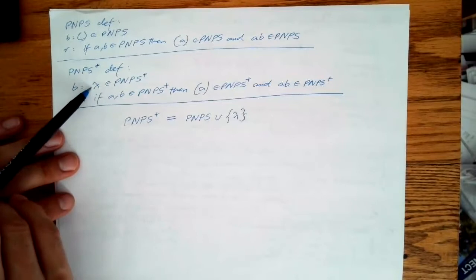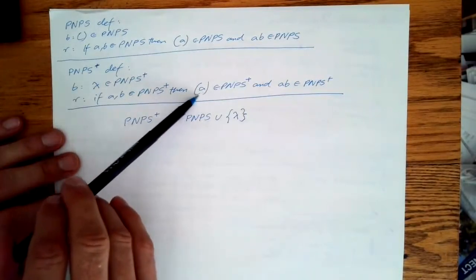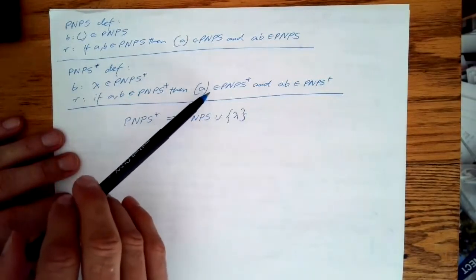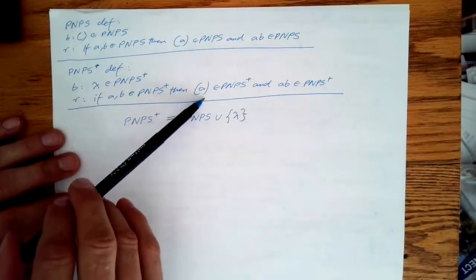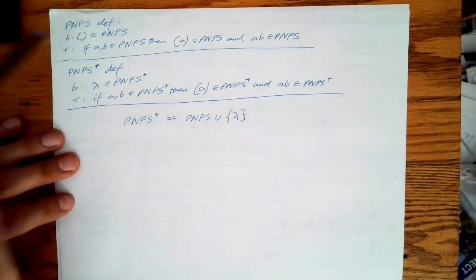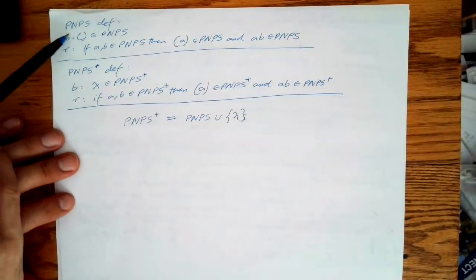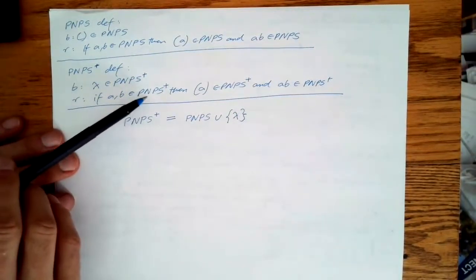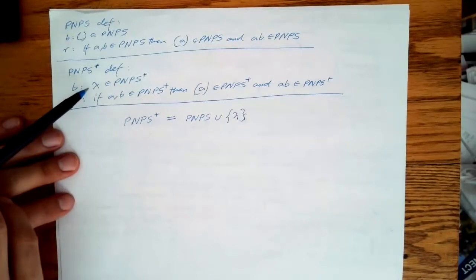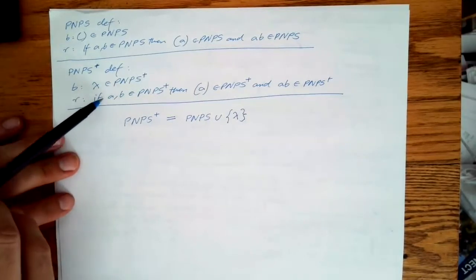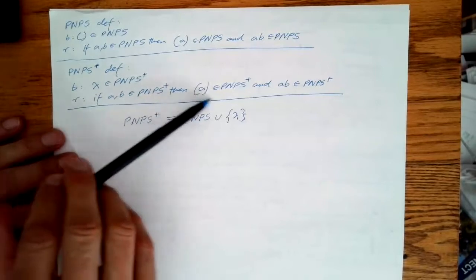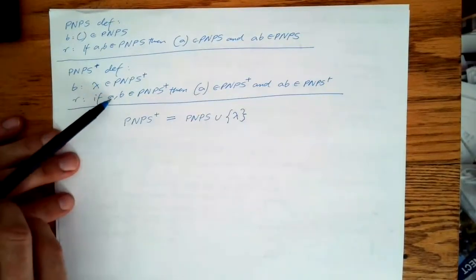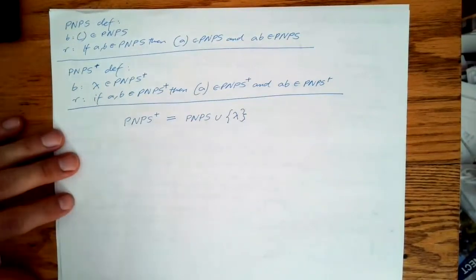If A is an empty string, then this resolves to open, empty, close, which is open, close, which is this. So the base case guy is in PNPS plus. He is generated by PNPS plus. He's not in the base case. He's created by this recursive rule instantiated with A equal lambda.